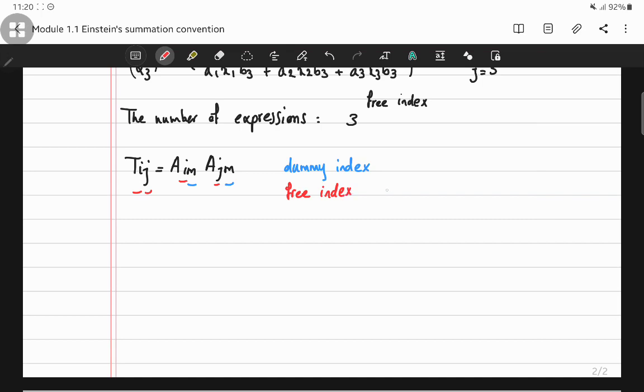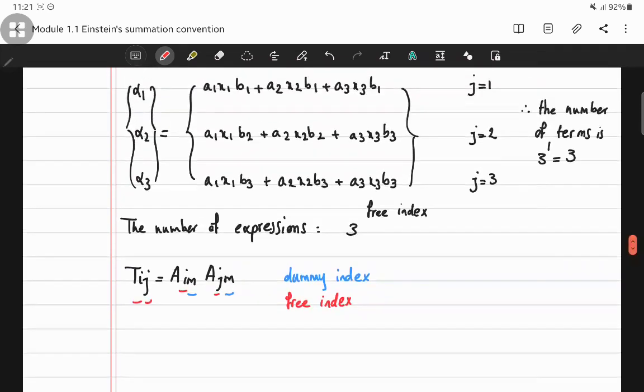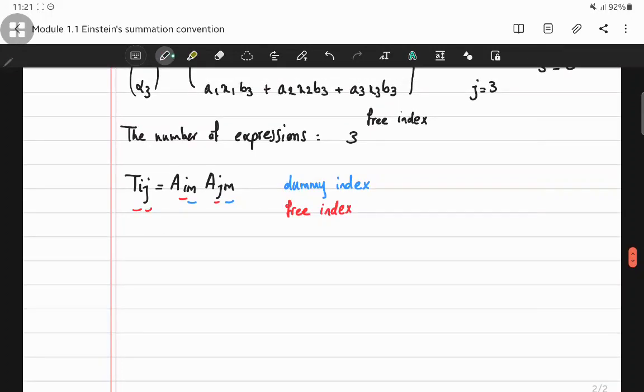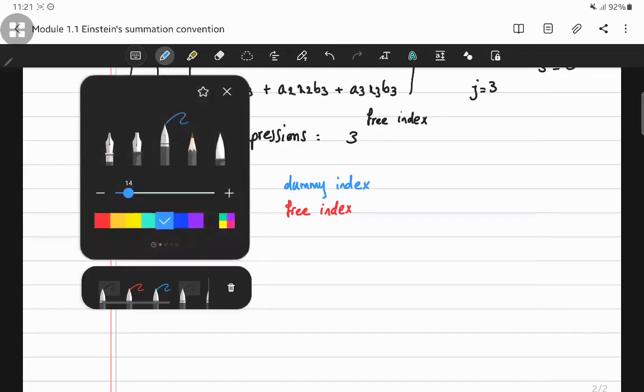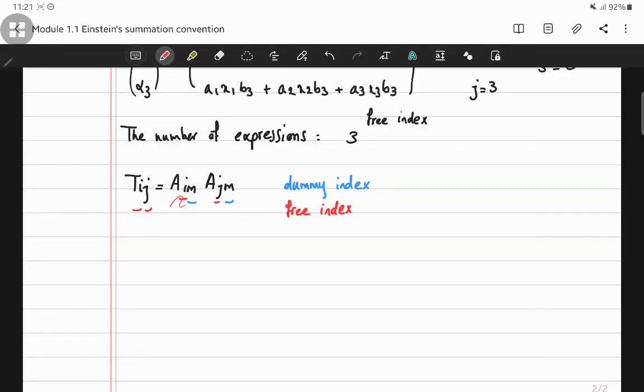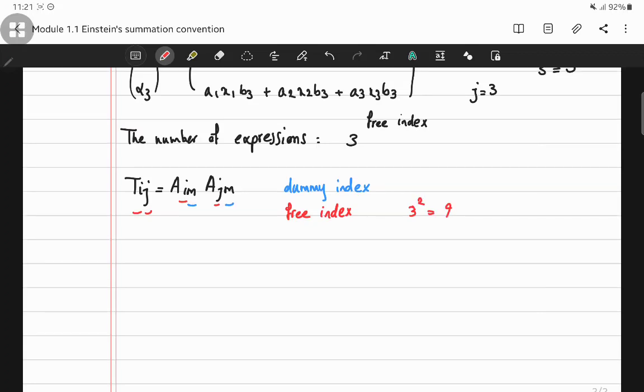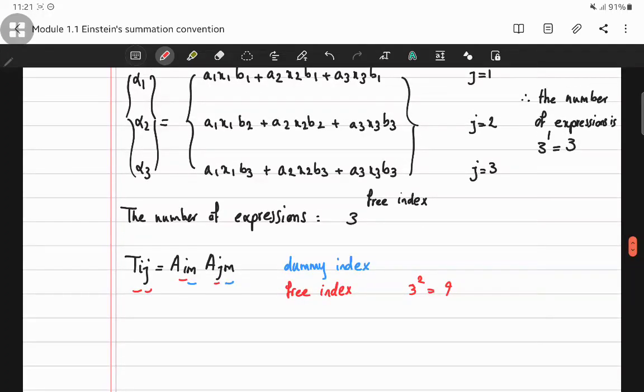So the number of different expressions, let's write the free indices first: you have 3 to the power of 2, so 9 different expressions here.